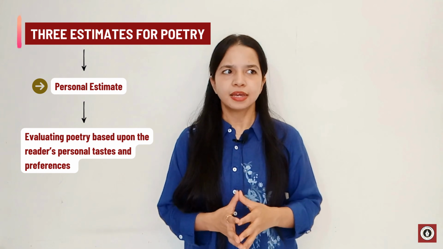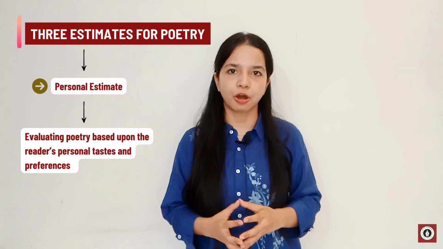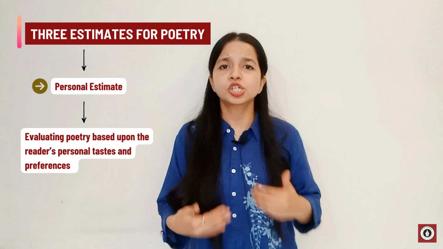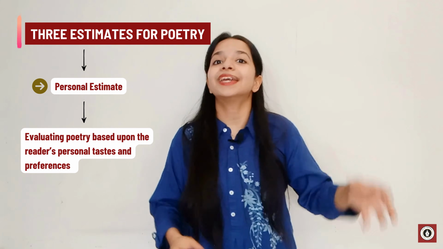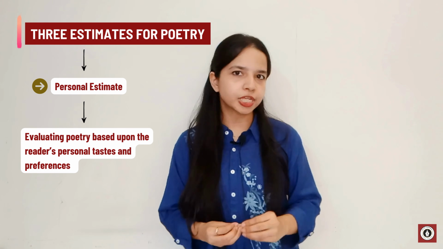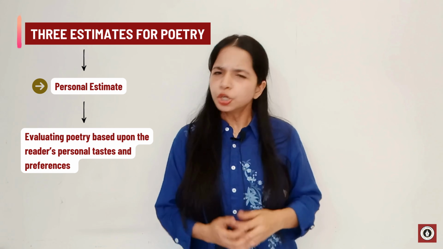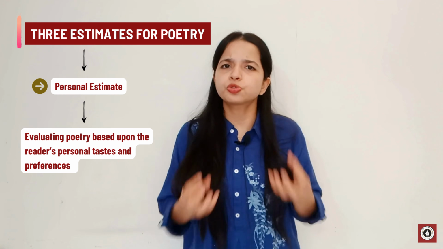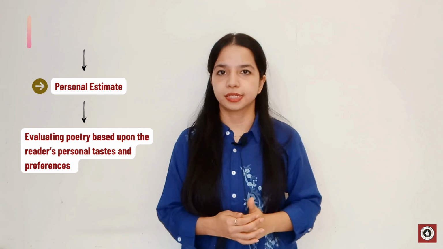He says that a Scottish reader would love and admire Robert Burns because he has talked about Scottish life so movingly. But then it may not apply to each and every person who is reading it. And therefore he says that the personal estimate is also a fallacy. You will not arrive at the true evaluation or the true worth of poetry through historic or personal estimates.